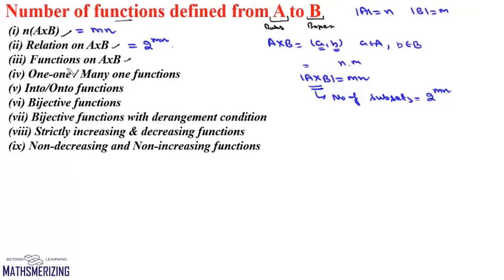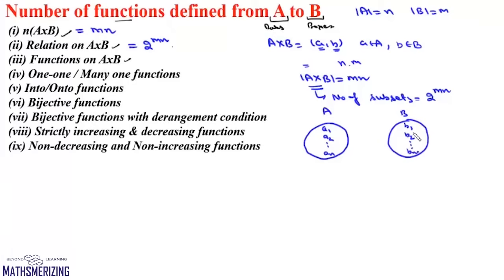Now what about functions on A cross B? Now we have the set A, and this set A has n elements, say A1, A2 and An, and then we have the set B which has m elements, say B1, B2 and Bm.